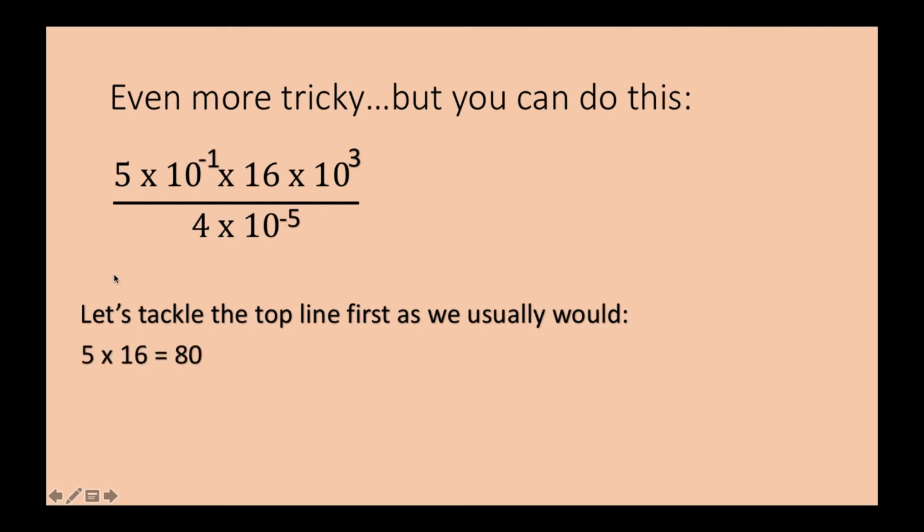So we've got 5 times 16, which gives us 80. And then we have this minus 1 plus 3. Minus 1 plus 3 is 2. So we end up with 80 times 10 to the power of 2.